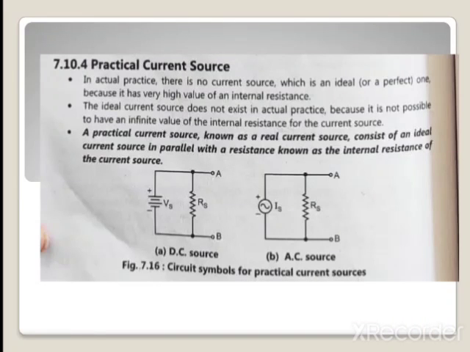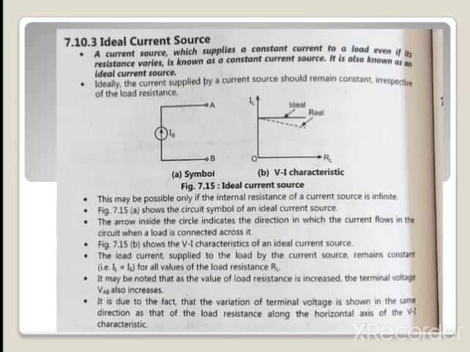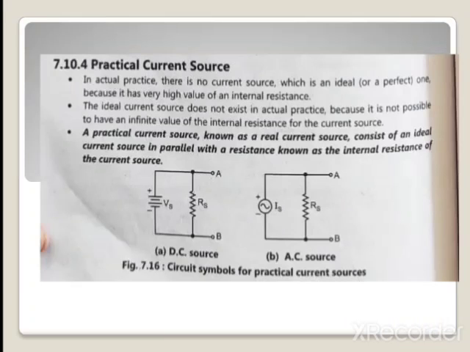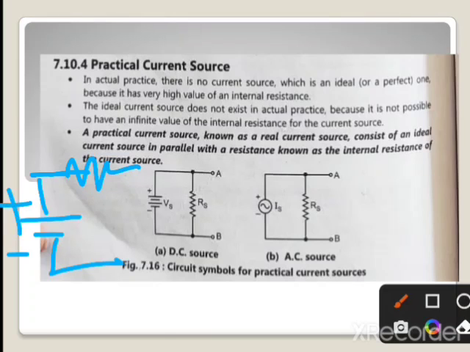Now this is the practical current source. Here the resistor is connected, and now you can observe that in a practical voltage source, the resistor is connected in series with the supply, but in a practical current source the resistor is connected in parallel with the supply.